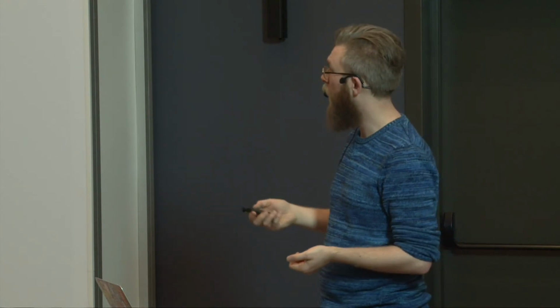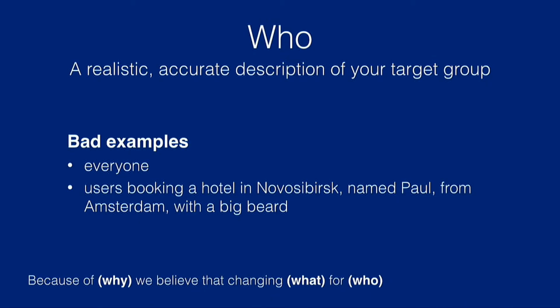Then the who. So for whom are you going to change this? It should be a realistic and accurate description of your target group. Everyone is not realistic. If you make a change, it's rarely going to be for everyone, and I will explain in a bit why. And if you say for users booking a hotel in Novosibirsk named Paul in Amsterdam with a big beard, that's not very realistic.